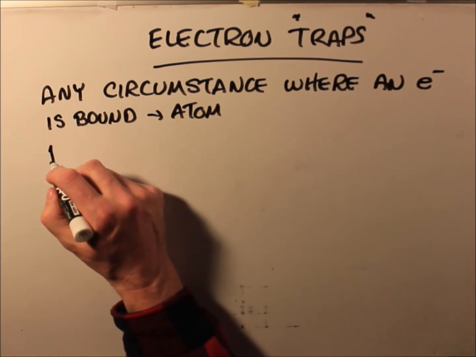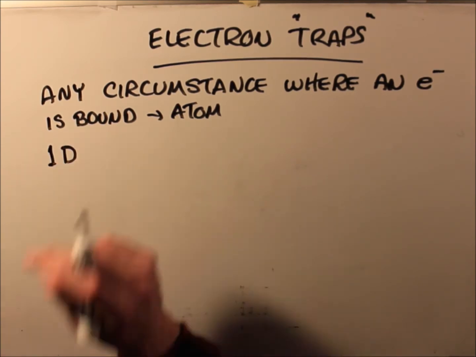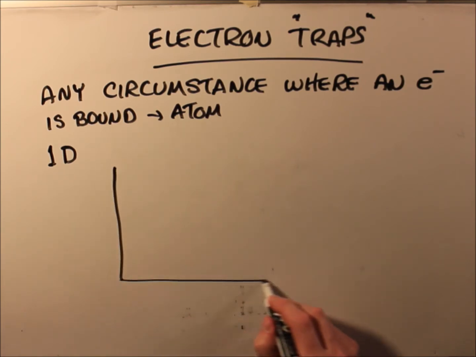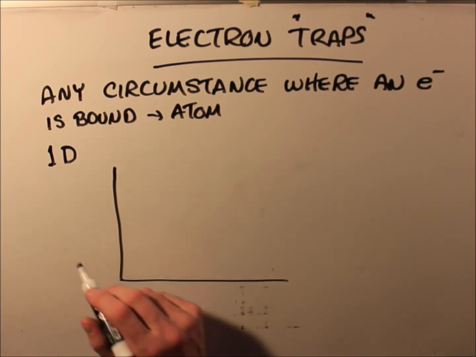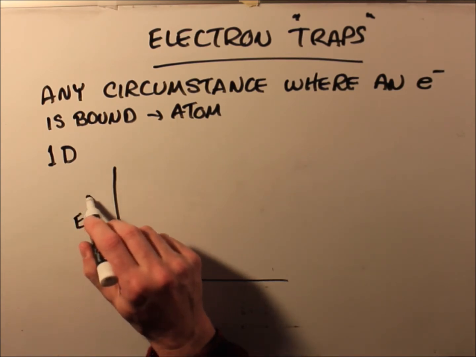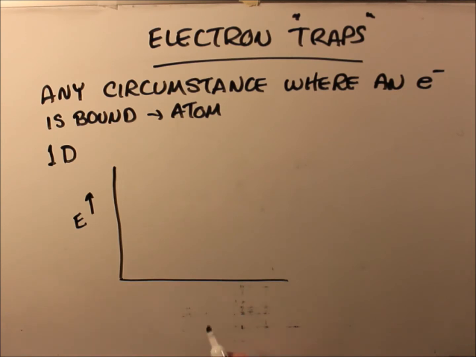Let's keep it simple and we'll do a one-dimensional approach. So if we have a graph like this, and here we have energy, and here we have position. We're doing a 1D situation.